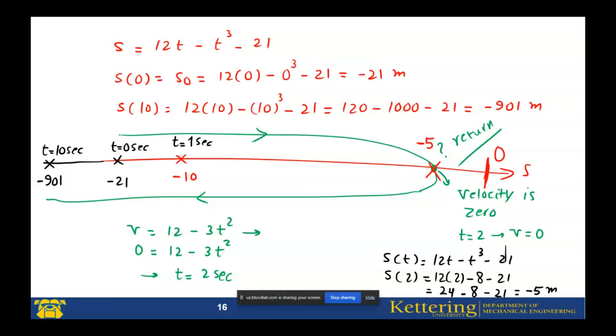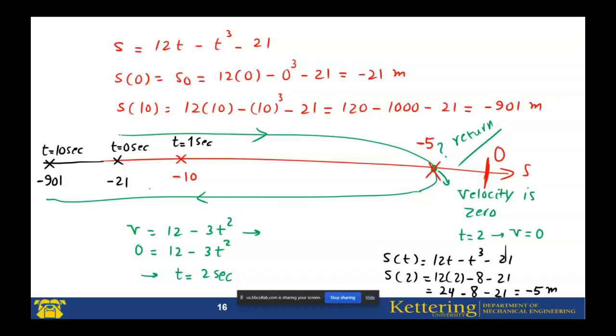Total distance is this distance plus this distance. Any questions?